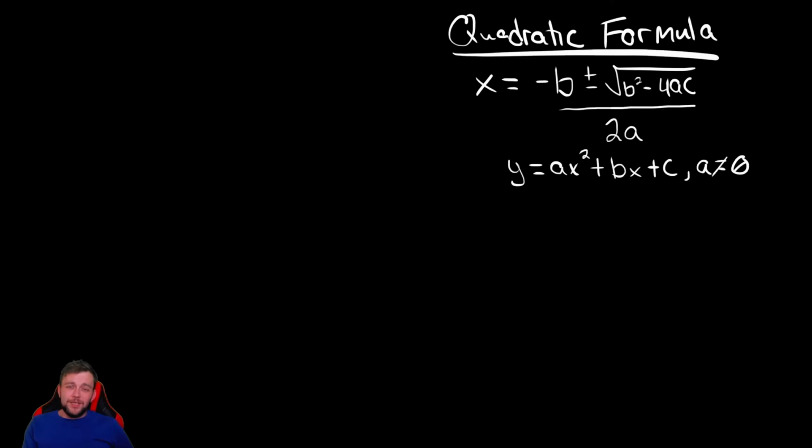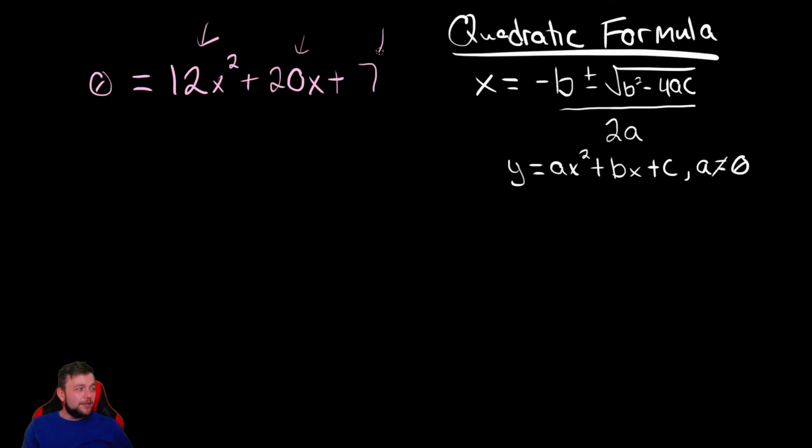But if you see a quadratic that seems extra difficult, say something like 12x squared plus 20x plus 7 equals 0, I'm not going to try to factor this, not in the slightest. I am going to take all of these numbers and plug them into our quadratic equation. That will be a lot faster.